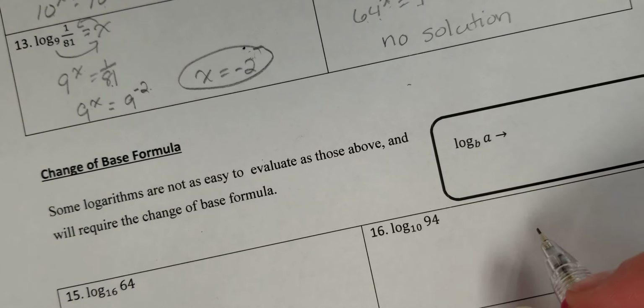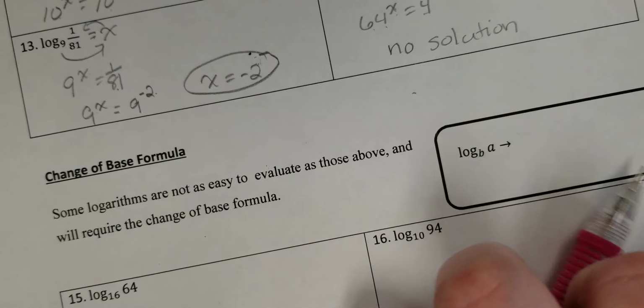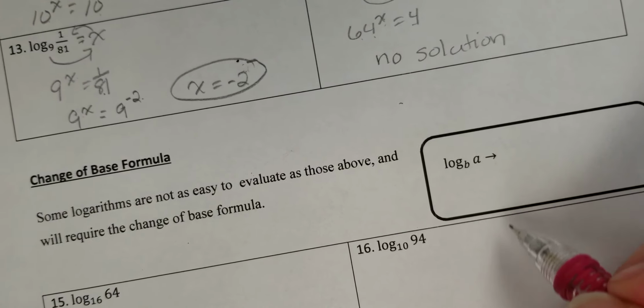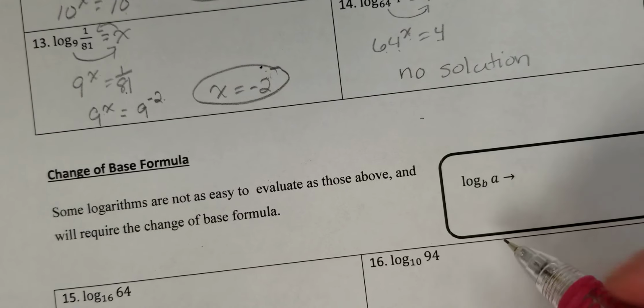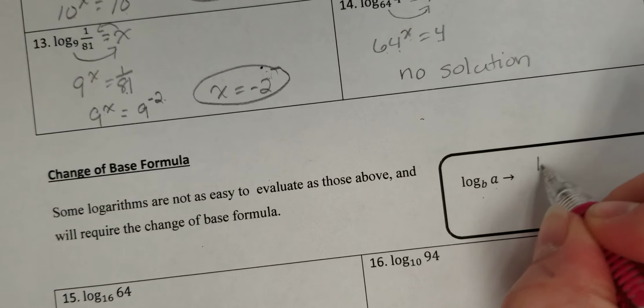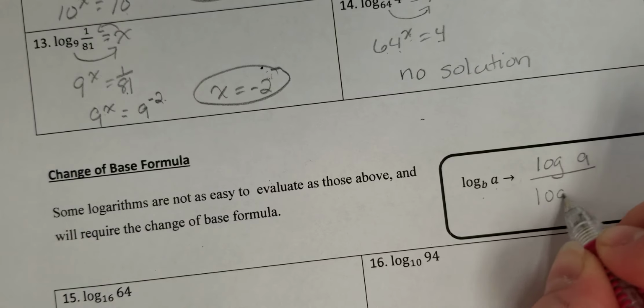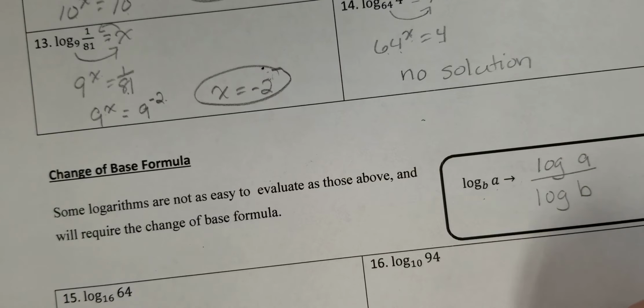The change of base formula is for when you have to evaluate a logarithm that does not have the same base. The change of base formula of log base b of a is the log of a divided by the log of b.